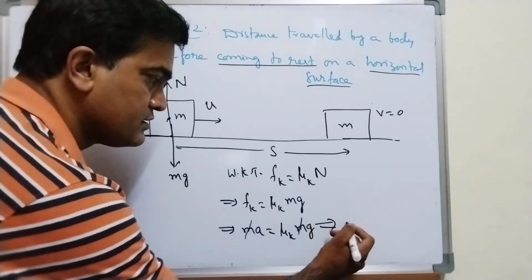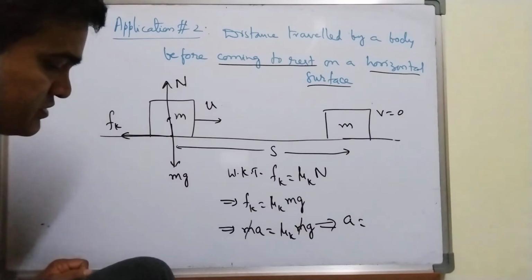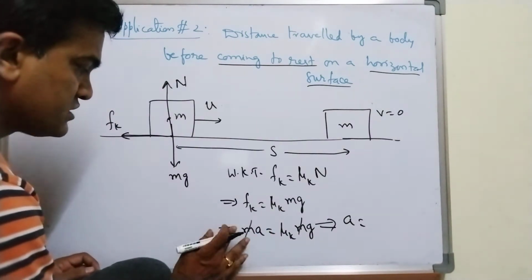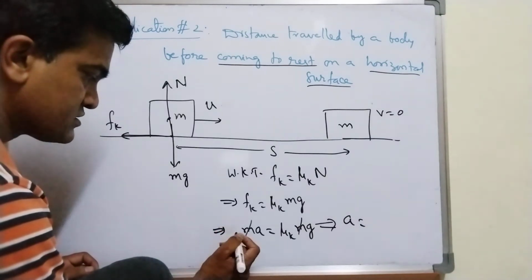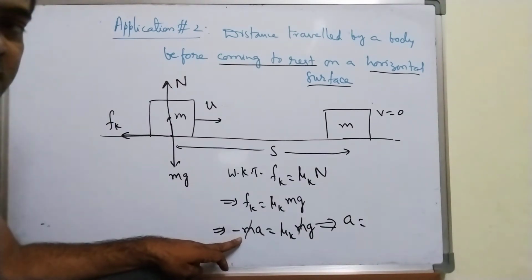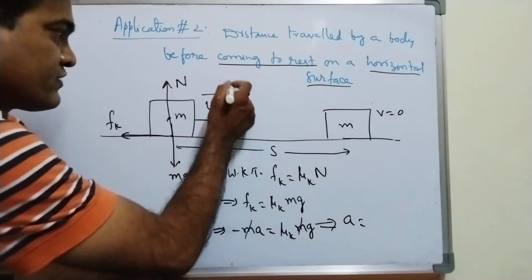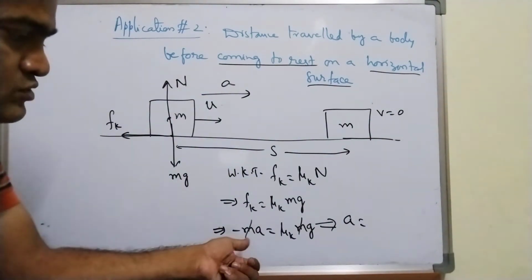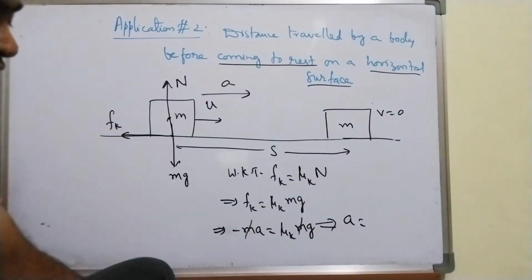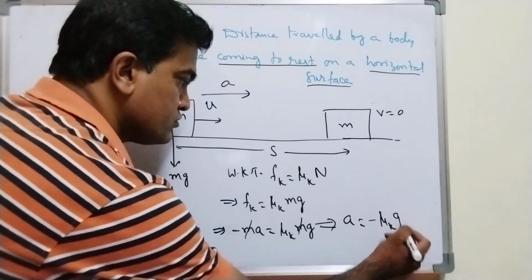I will use a negative sign so that you can understand better. This negative sign indicates that frictional force is acting opposite to the direction of acceleration. So minus ma is equal to mu k into mg. The m gets cancelled, so I get a as minus mu k into g.